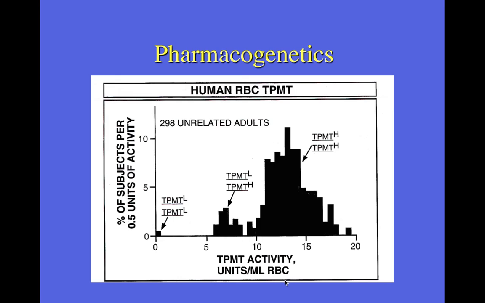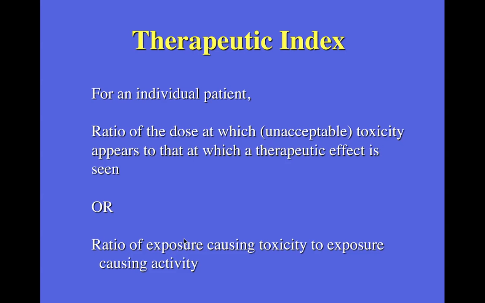There's a smallish proportion who are heterozygotes, who have a relatively low but still not a dangerously low activity, and about 1 in 300 of patients end up with double homozygote negative TPMT, so a low function of the TPMT gene enzyme, which means that if you give them a small dose of 6-MP, they get a significant myeloablation very quickly, and it goes on for a long time. There are other examples which we can talk about separately.